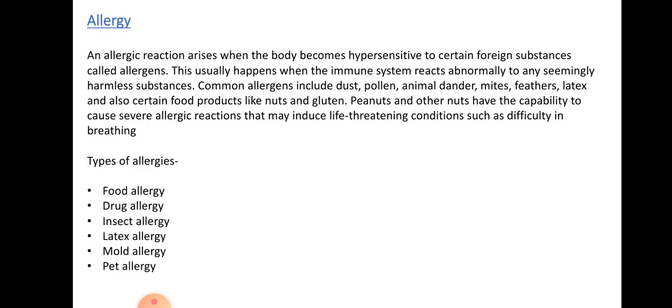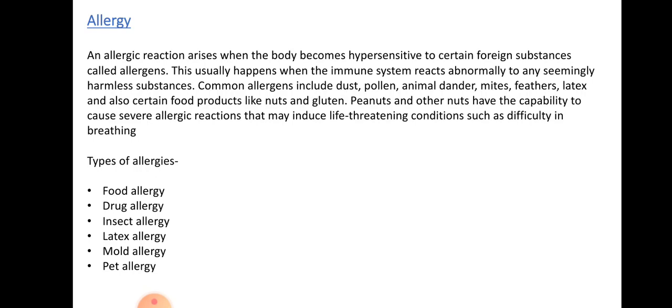Next is mold allergy. Mold allergy is an allergic reaction to mold spores where you may get wheezing, itchy skin or itchy nose or itchy throat, sneezing, etc. Next is the last one, the pet allergy.